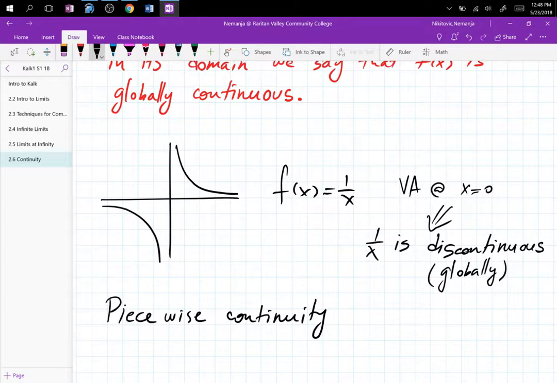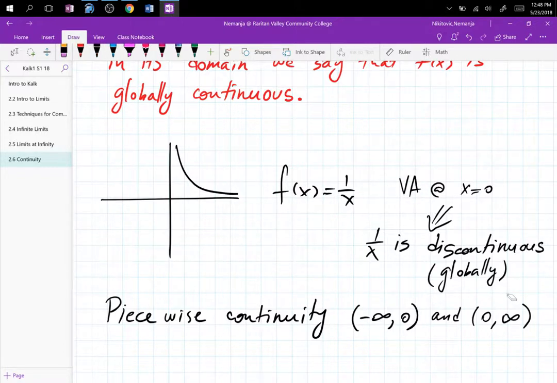Piecewise continuity means that the function is continuous from negative infinity to 0, not including, and on 0 to infinity. So if I am to erase half of the graph, I have a perfectly continuous graph.